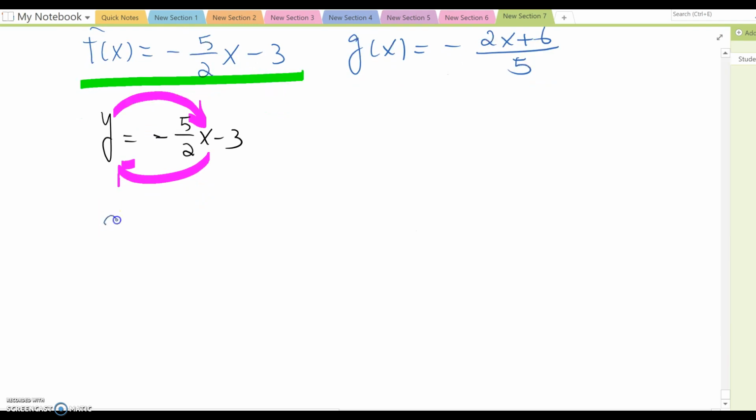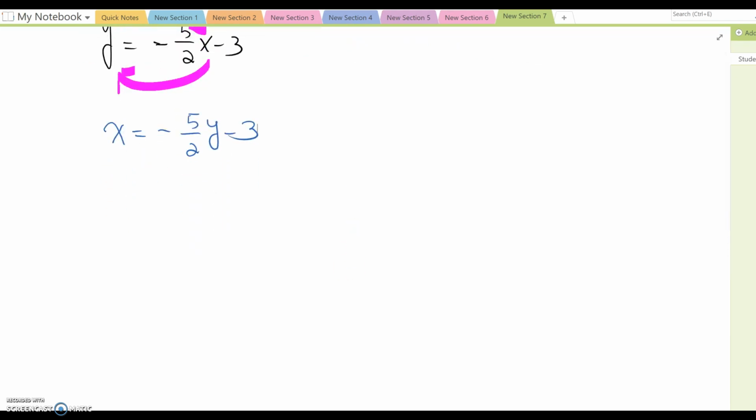Then this becomes x equals negative 5 over 2y minus 3. And from here, you are solving for y. Therefore, I'm going to add 3 first. Then this becomes x plus 3 equals negative 5 over 2y.